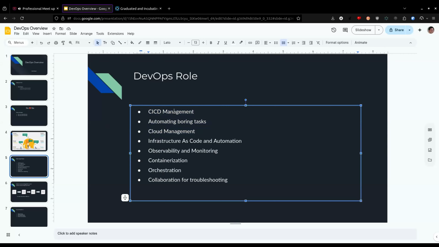Any specific scripting language? CI/CD is actually dependent on the tool, so the language depends on what tool you use. Mostly nowadays YAML syntax is used, and for automating, Python and Shell, both of them.